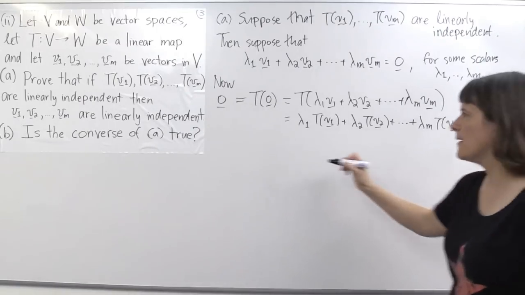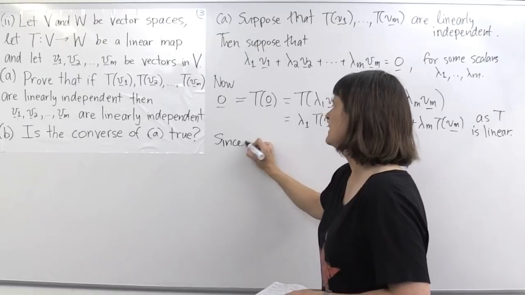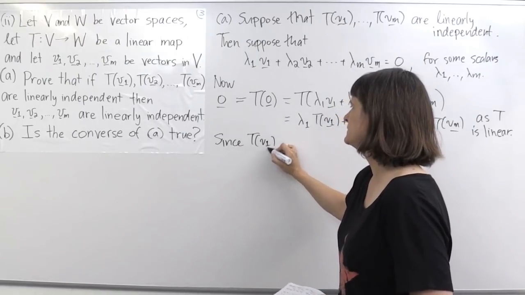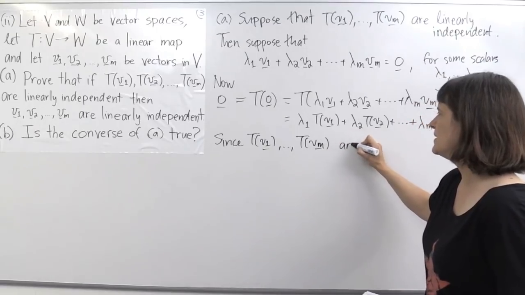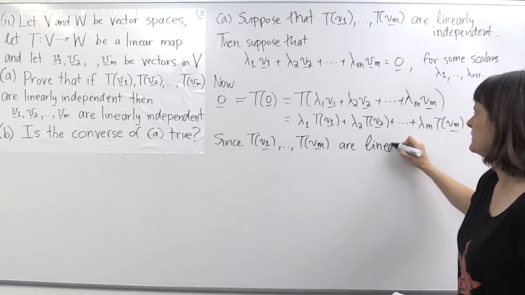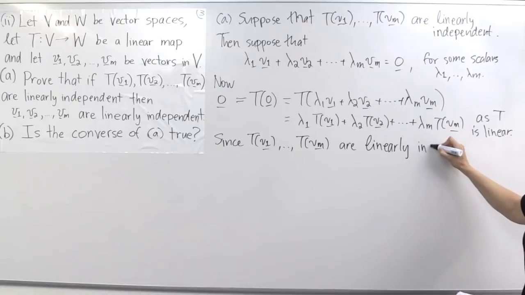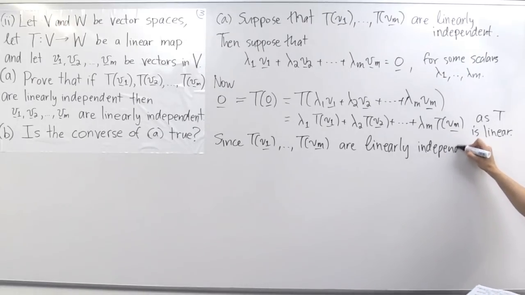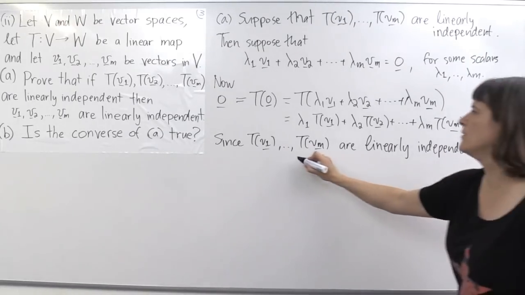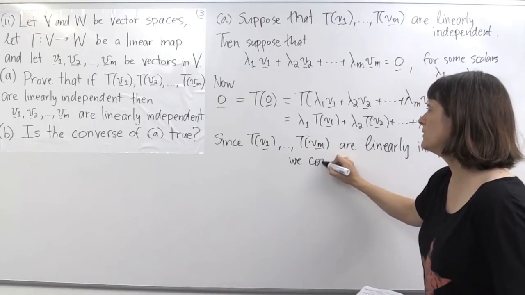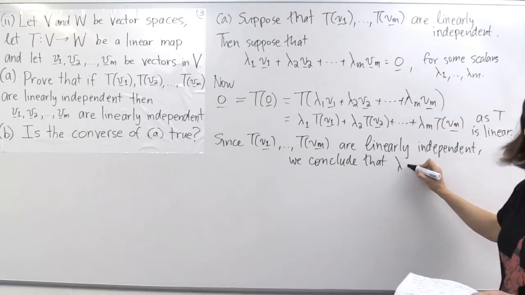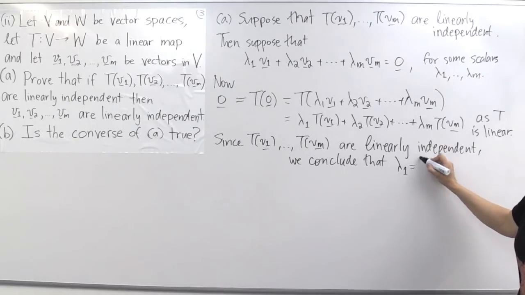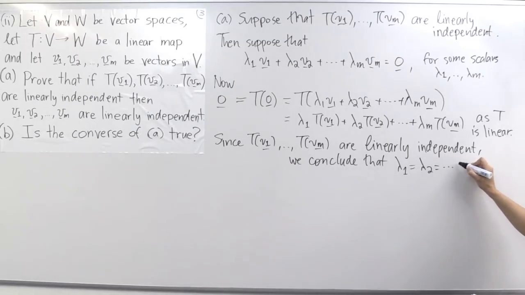So, since T of V1 up to T of Vm are linearly independent, this is where we use that assumption, we conclude that actually all the scalars, lambda 1 up to lambda m, are all equal to 0.